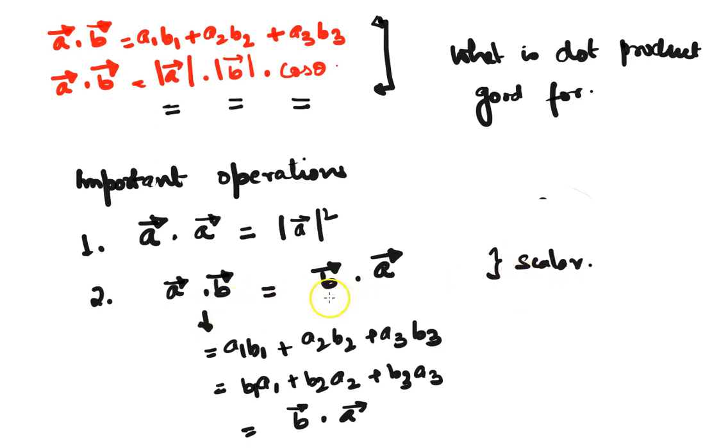Hence, A dot B equals B dot A. Those are the two important operations that you should remember, which will be very helpful in solving various problems using vector dot products.